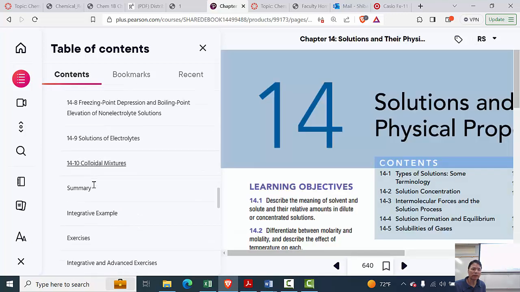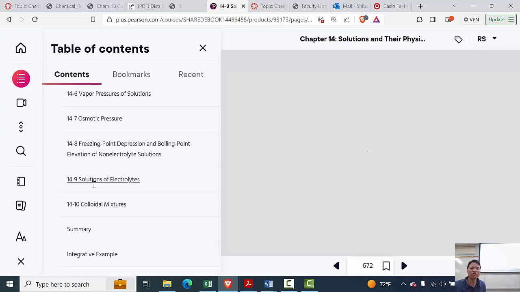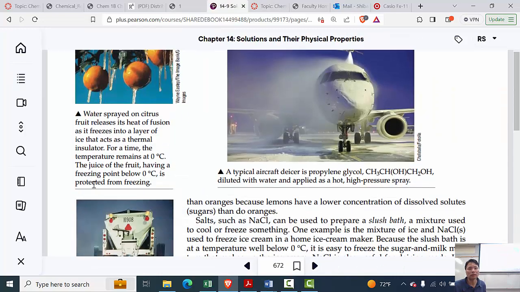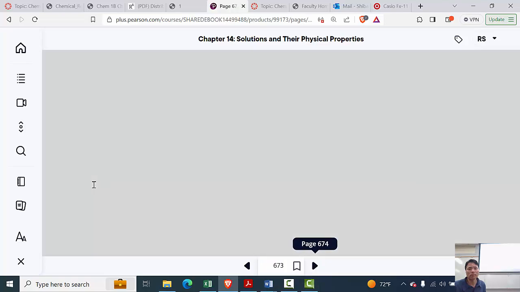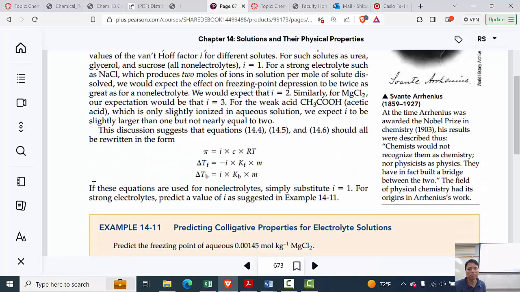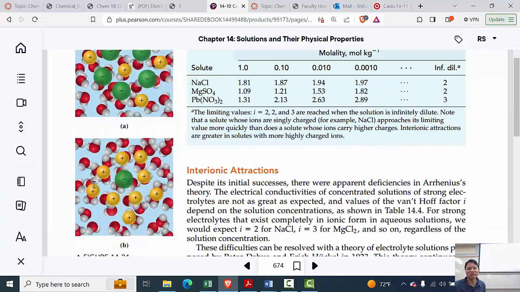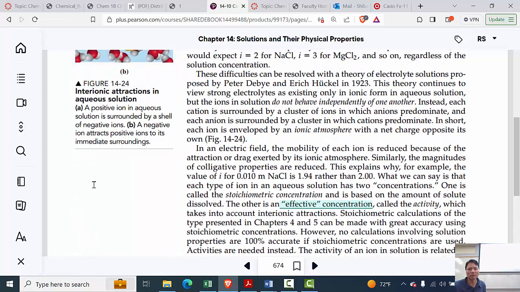Oh, let me tell you again. I asked you to take a look at section 14.9, which is about 2 pages of written text, maybe less.